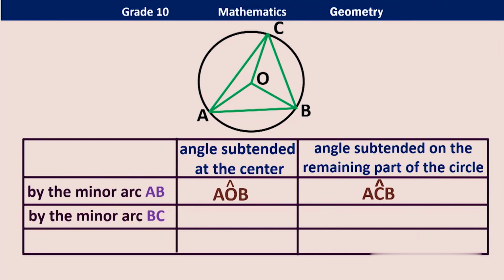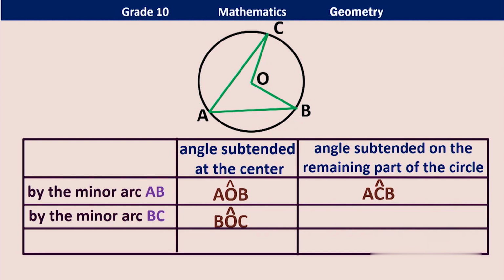The angle subtended at the center is BOC. So, we can say angle BOC, or else we can name the same angle as angle COB. Both are the same. So, that is angle BOC.